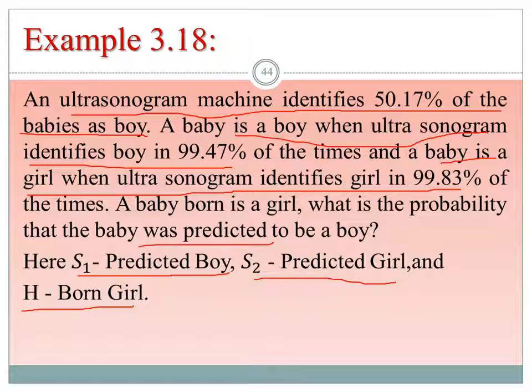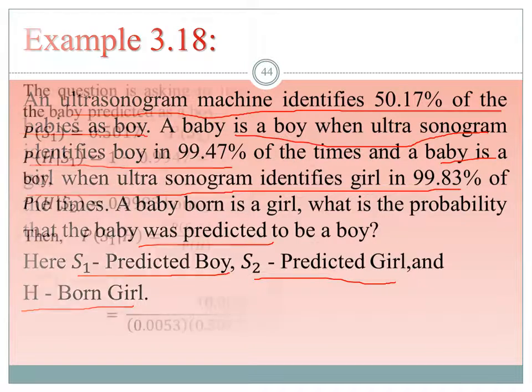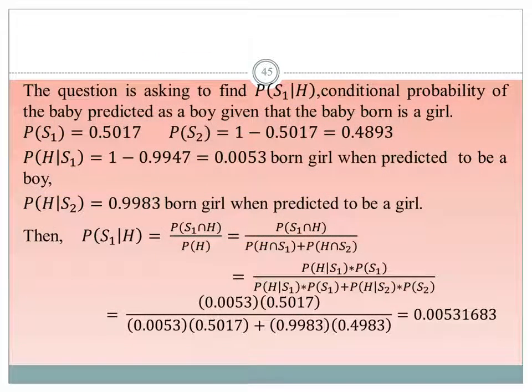Then first, write down the notation. Our question asks for the probability of S1 given H, and the given probability of S1 is 0.5417, and S2 is 1 minus 0.5417.